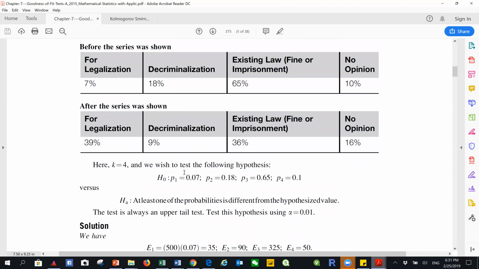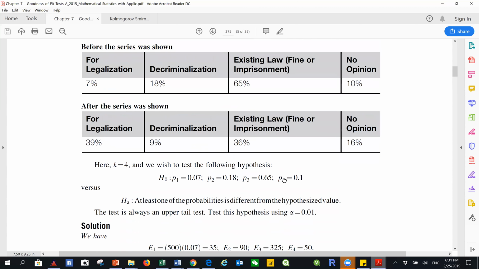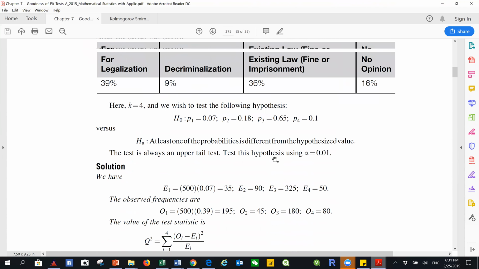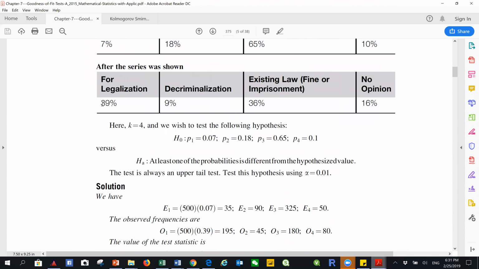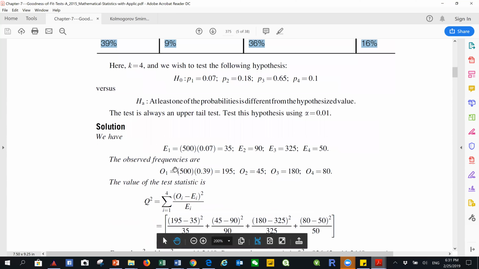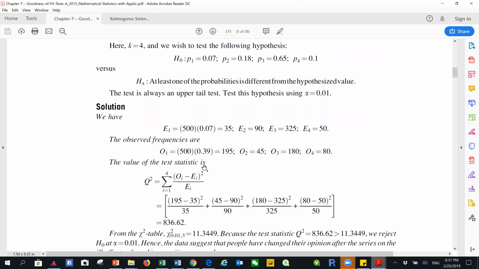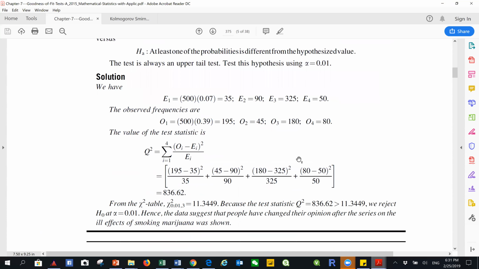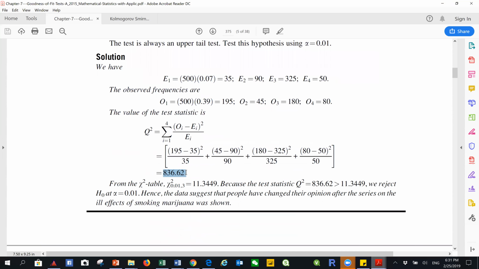So here we go. The first distribution is like that, and the second, empirical distribution is like this. We want to see if they are significantly different. Again, we multiply all these values by 500 and you get E1, 2, 3, 4, and the observed counts also. Then find the differences and plug those into the formula, and you get a very large Q square.